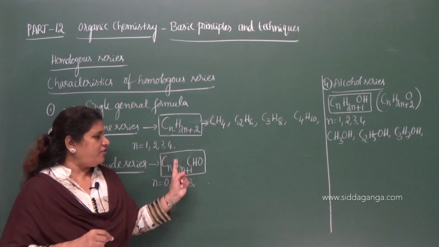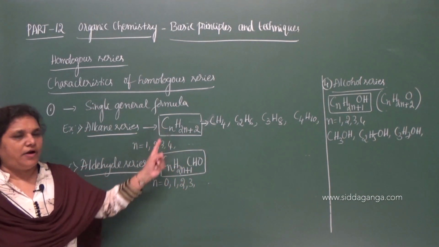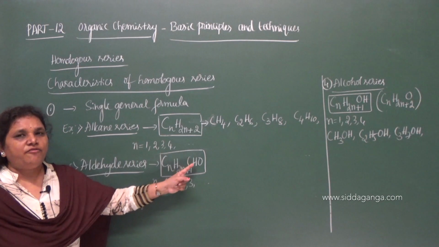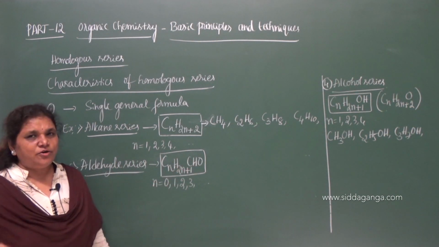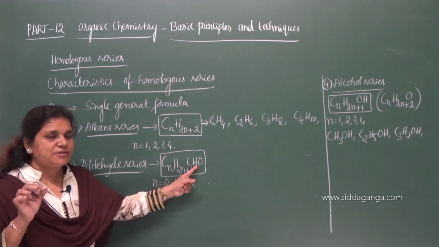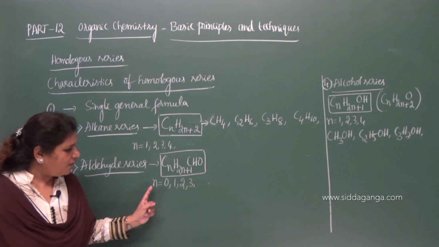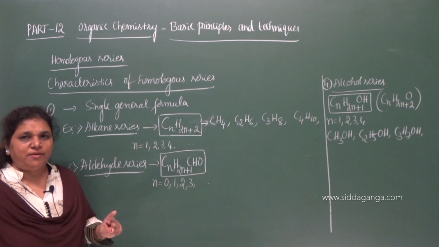It is derived from the general formula of alkanes by using the functional group of aldehydes, that is CHO. So when a functional group is present in a general formula, we have to take the value of n from 0.